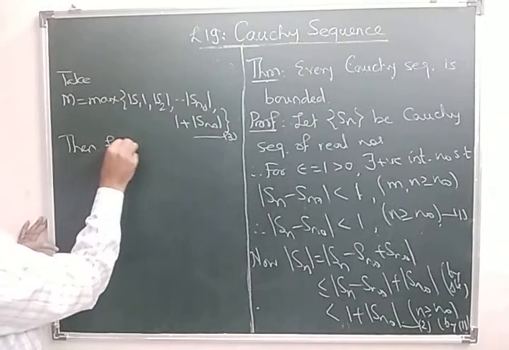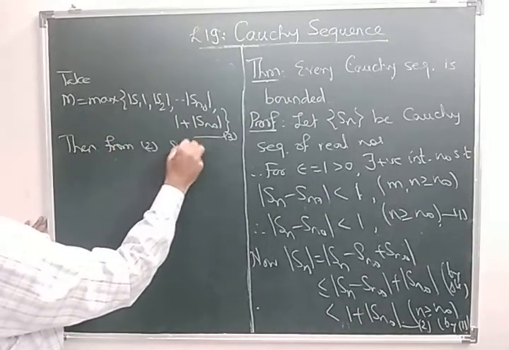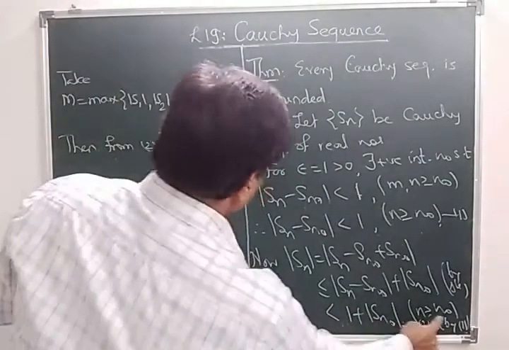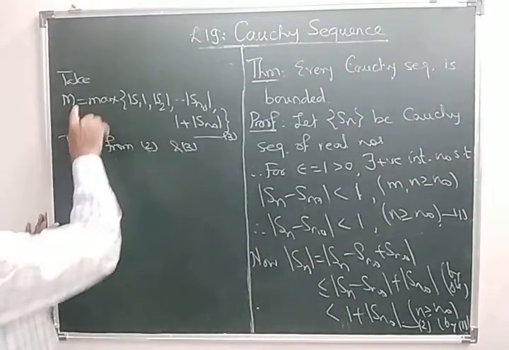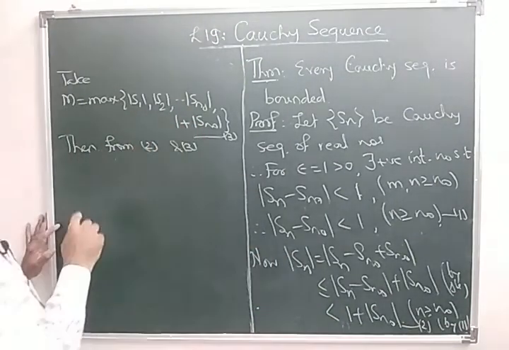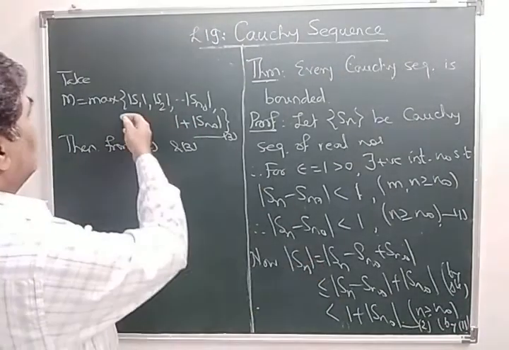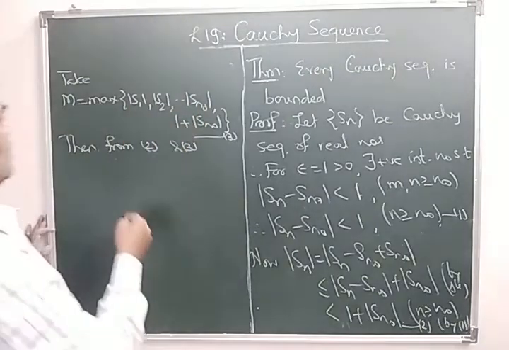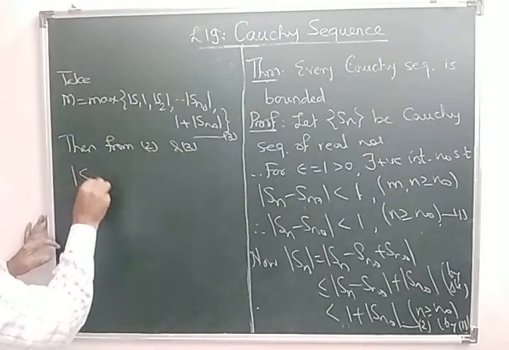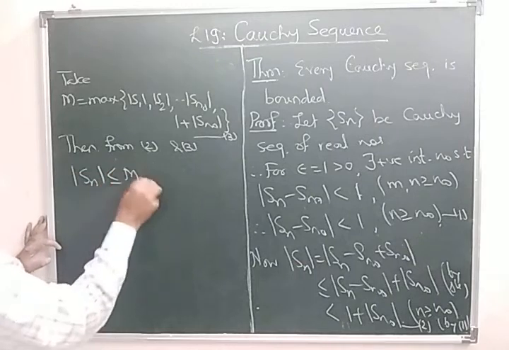Right? Then from 2 and 3, after n greater or equal n naught, all Sn have modulus value less than 1 plus mod Sn naught, and the remaining terms are less equal the maximum of these, and therefore mod Sn must be less equal M for every n.